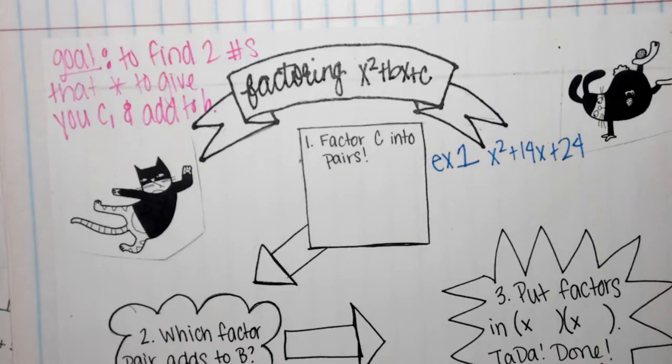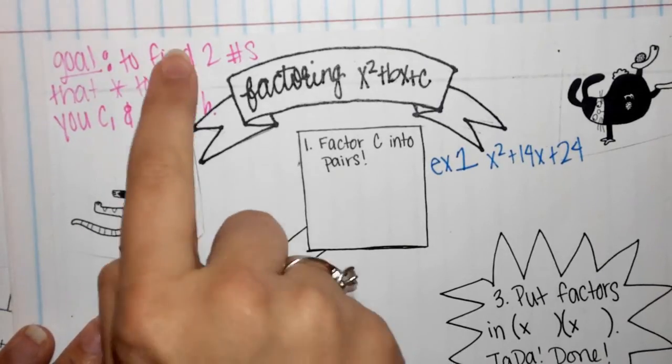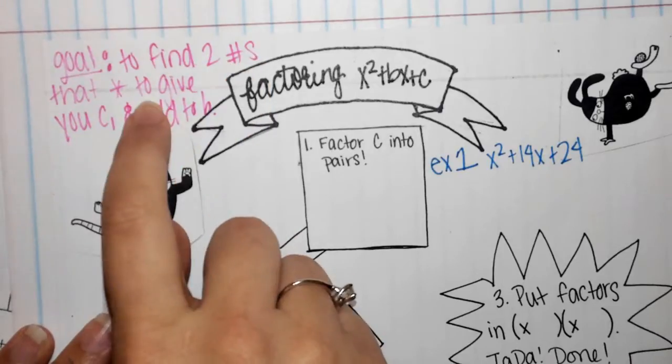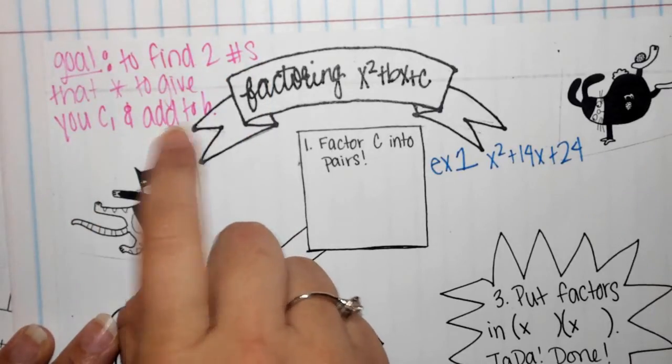We're going back to what we did last week where we were multiplying. It says to find 2 numbers that multiply to give you C and add to B.